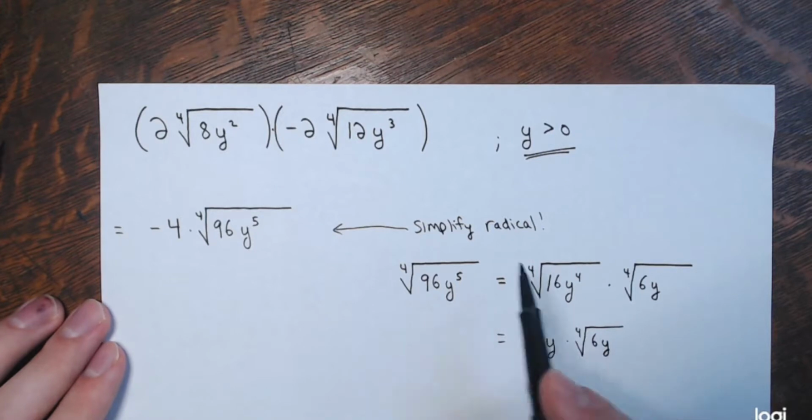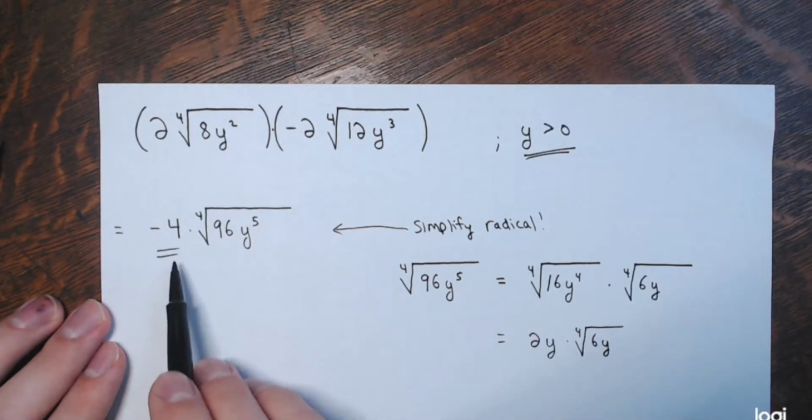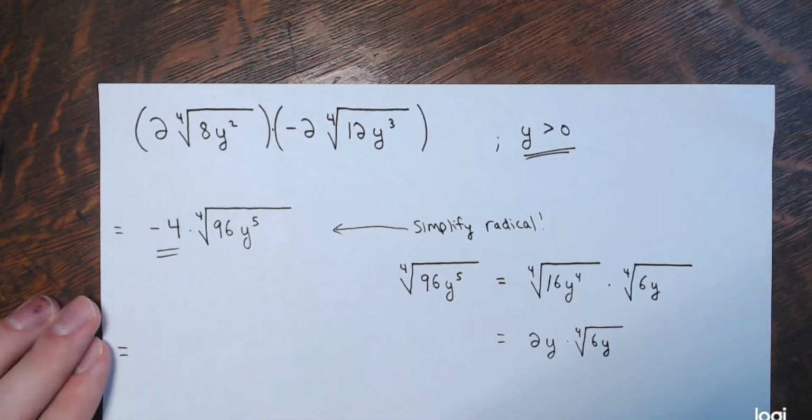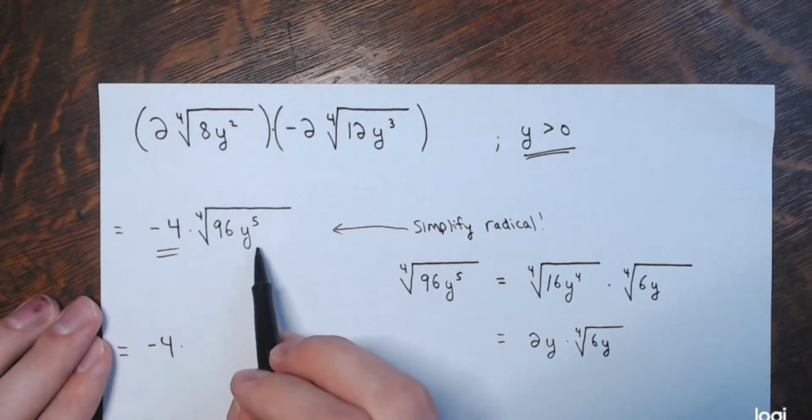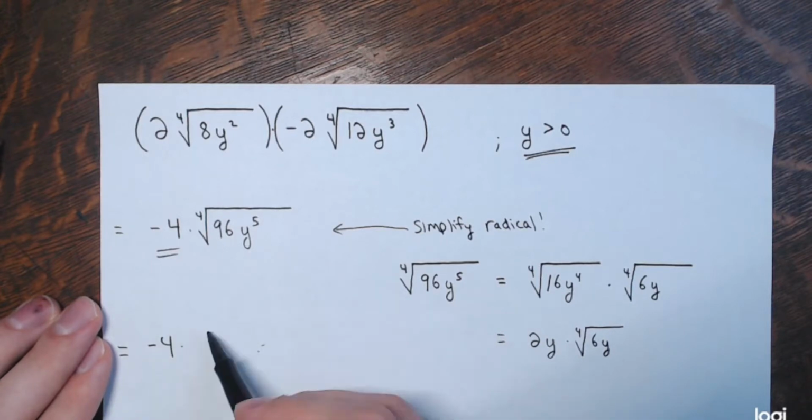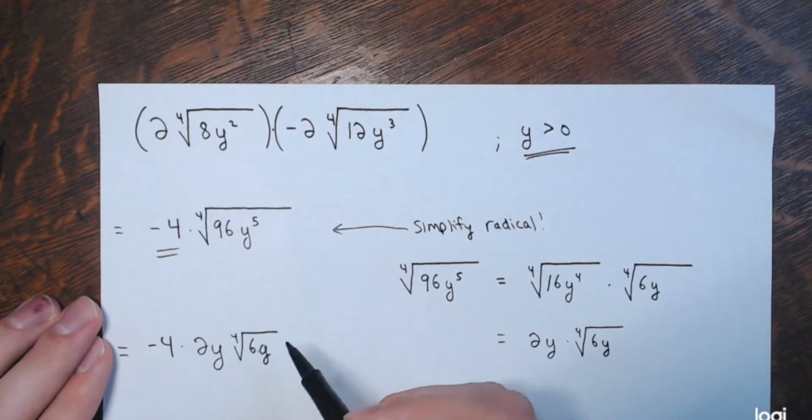And this isn't the answer, because don't forget we have the negative 4 in front, right? This when we're all said and done here, this is negative 4 times, and then the fourth root of 96y to the fifth is this 2y times the fourth root of 6y. And negative 4 times 2y is negative 8y.